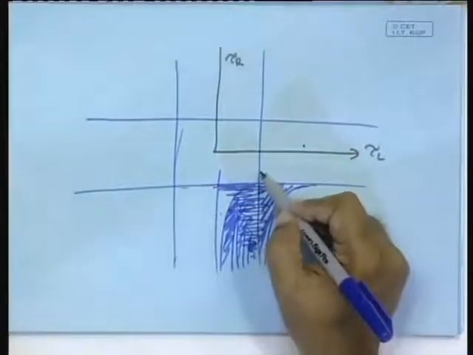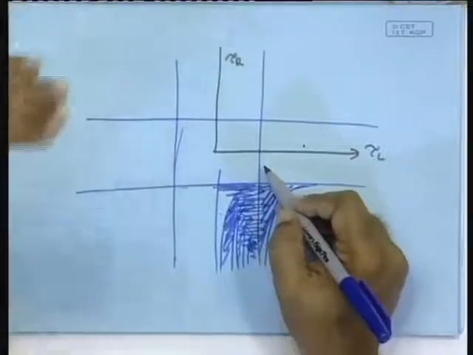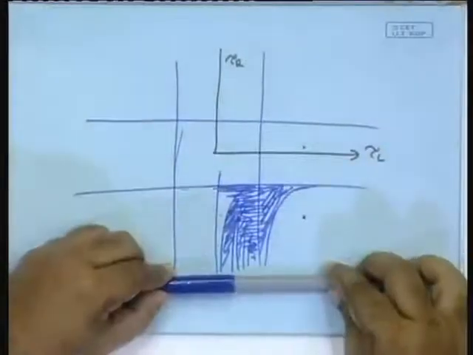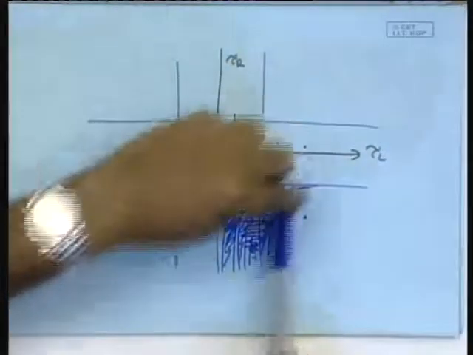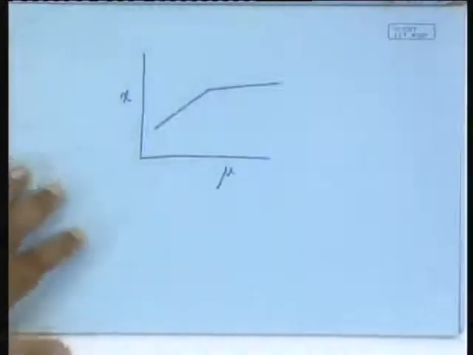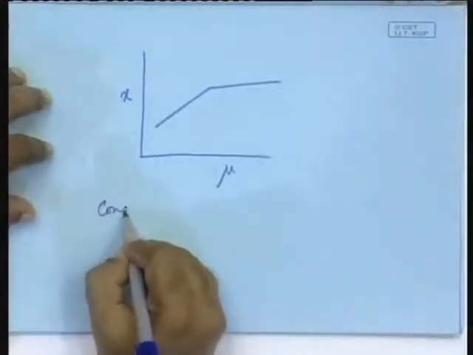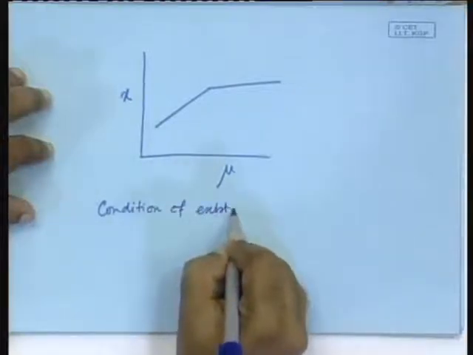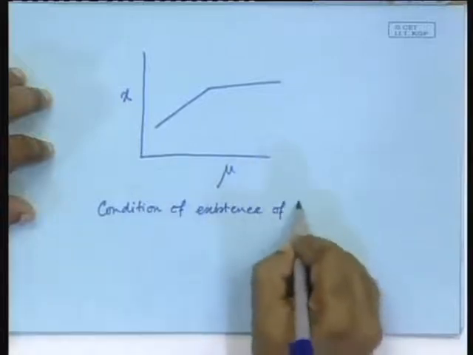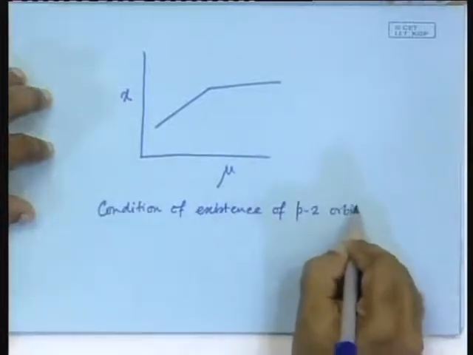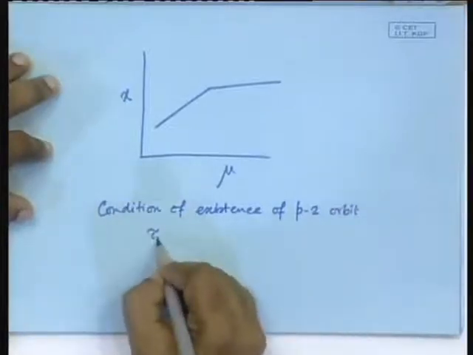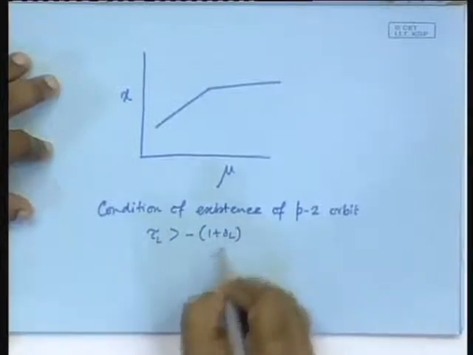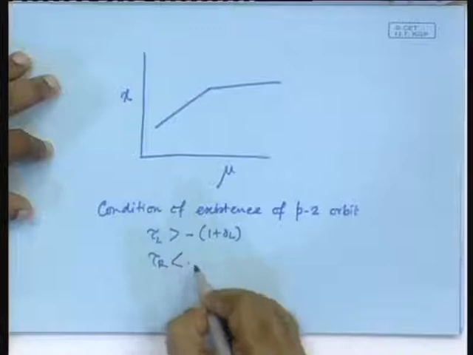In the last class we have seen that the condition for existence of the period 2 orbit is that it is below this and it is above this. We have seen that, I am not repeating. The condition of existence of period 2 orbit is that tau L is greater than minus 1 plus delta L and tau R less than minus.